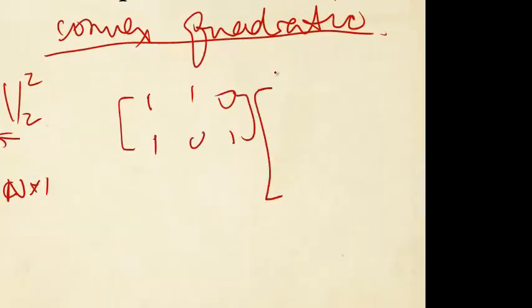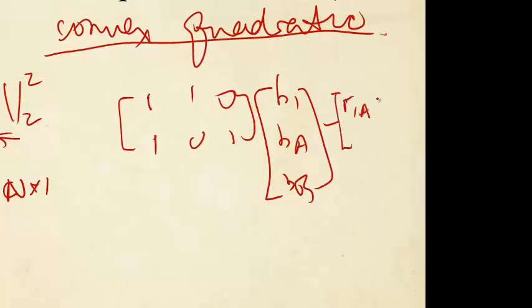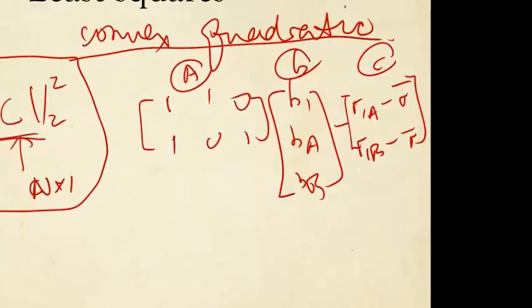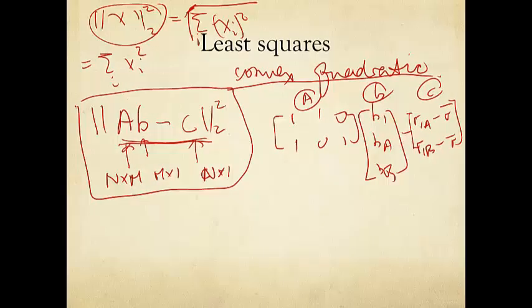The variable vector we have is B1, BA, BB, and the constant vector term we have is R1A minus R bar, R1B minus R bar. This is our A, this is our B vector, this is our C vector, just to conform to the standard expression that we want to minimize in the least squares problem.